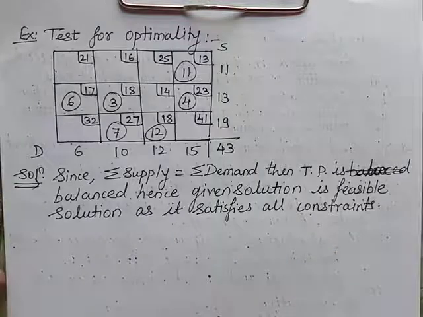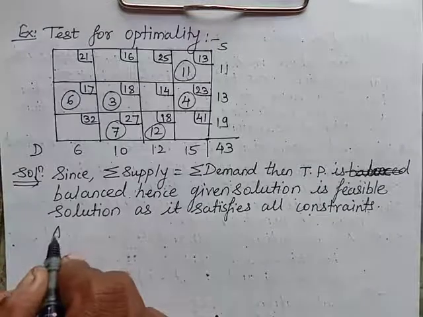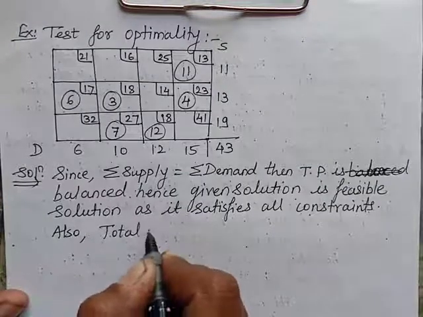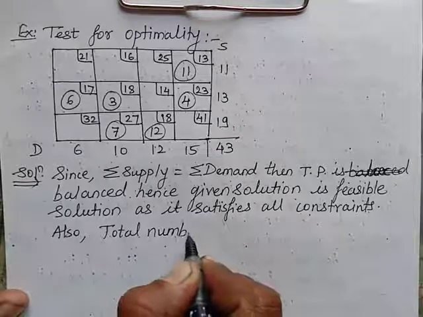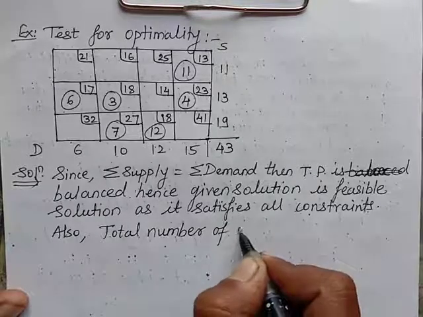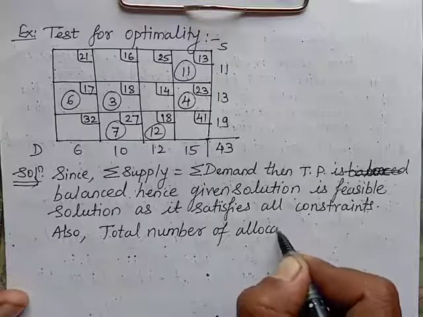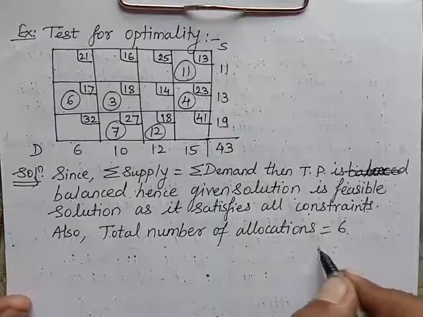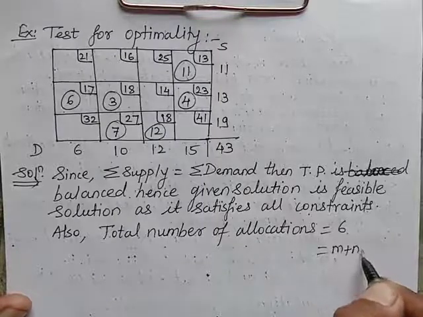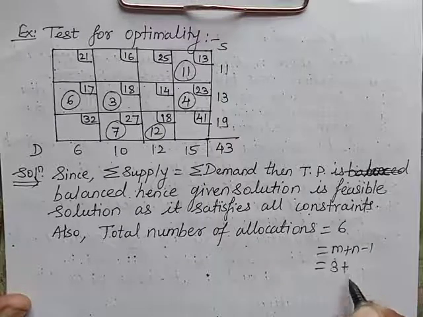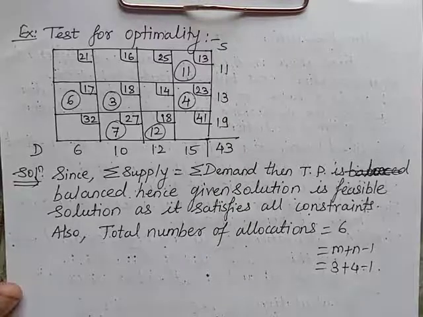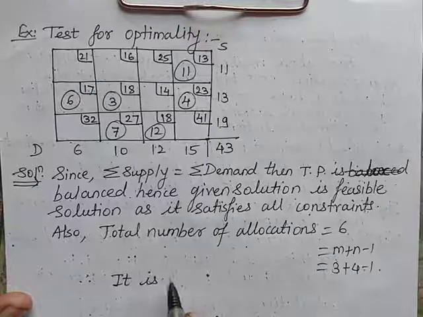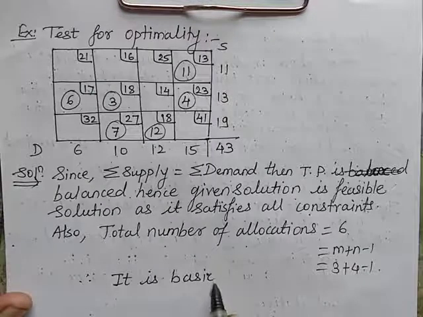Now also, the total number of allocations is equal to 6, and that is equal to m plus n minus 1, that is 3 plus 4 minus 1. Therefore it is a basic feasible solution.